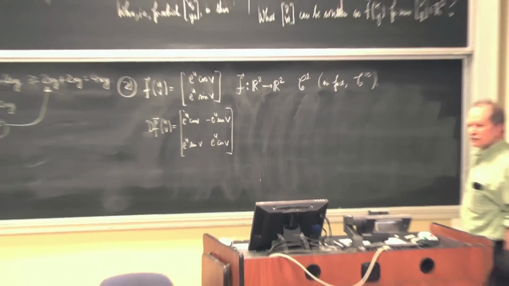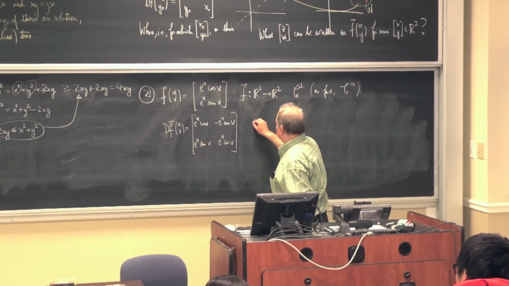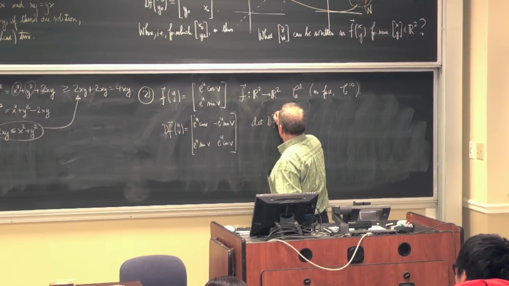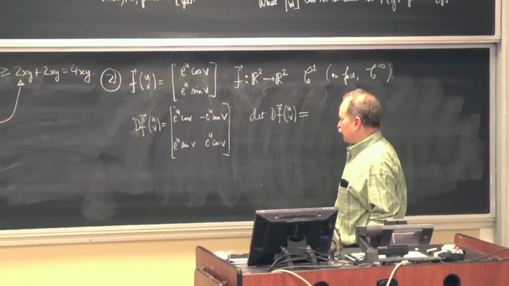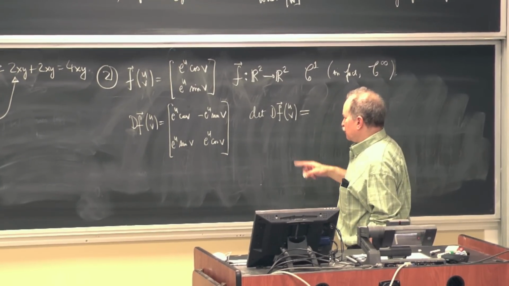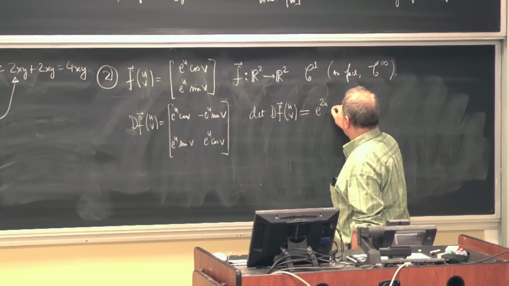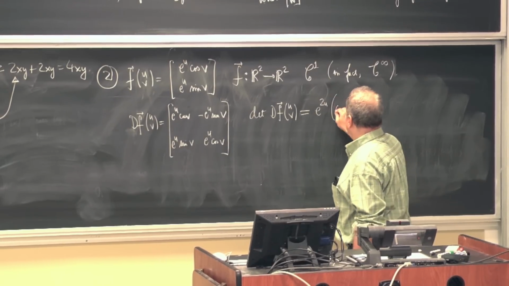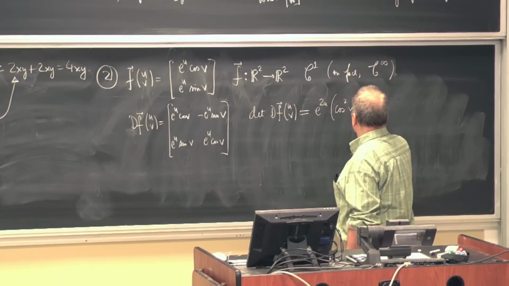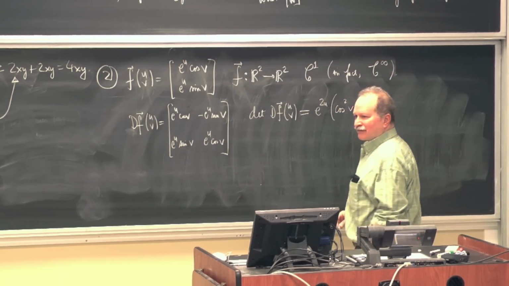The determinant of the derivative is e to the 2u, cosine squared plus sine squared. Agreed?